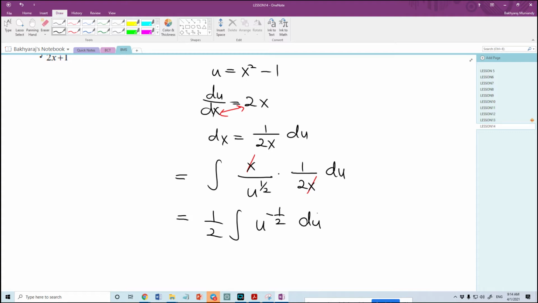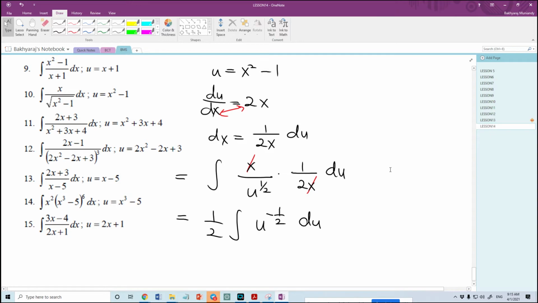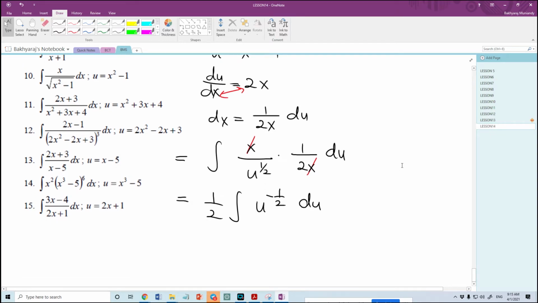So bila denominator we have negative power. Negative 1 over 2 plus 1, you get positive 1 over 2. Okay, so we get equal 1 over 2 bracket 1 over 2 divided by 1 over 2 plus c.